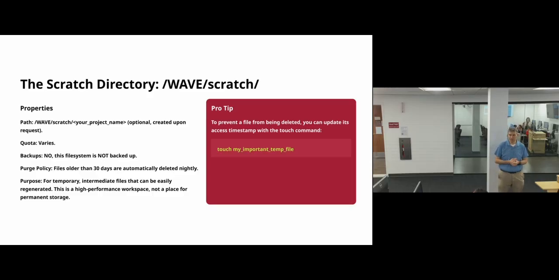Then you unzip it, and it contains a bunch of files, and all of those files are older than 30 days. If you just leave it there expecting to see it the next day, you're going to find it's all gone because it's been deleted, right? So one trick here is you can use the touch application to update the timestamp on all those files. You can write a bash script to go through all the files in an entire directory and just touch them all. And then it's saved for 30 days. So keep that in mind.